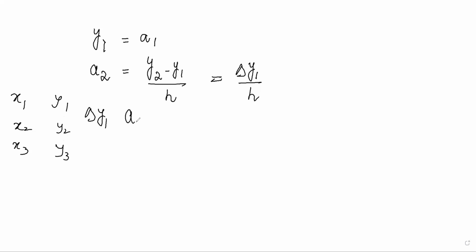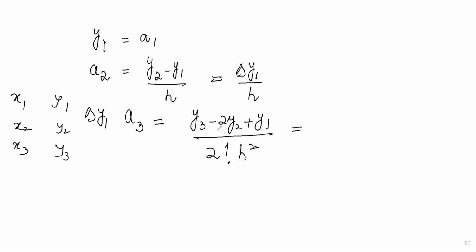In the same way, if you look at a3, a3 is equal to y3 minus twice y2 plus y1, whole divided by 2 factorial into h square. This expression can be written as y3 minus y2 minus, or plus, y1 minus y2.